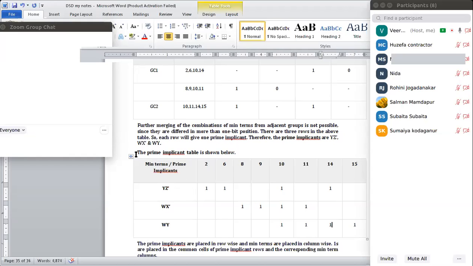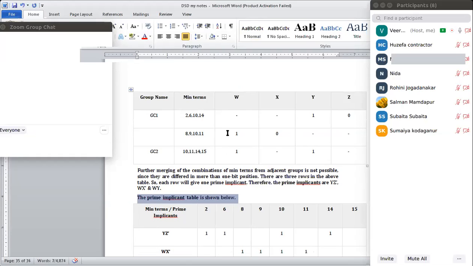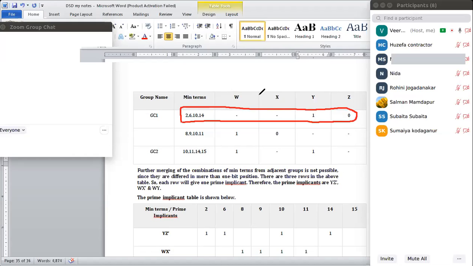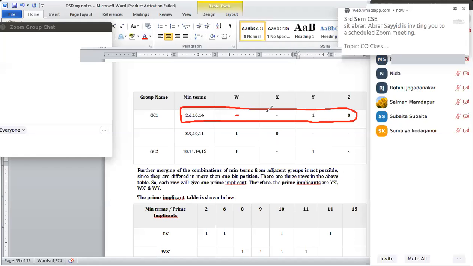So as I said, in the fourth step, what we are going to do, the minterms I have got. See, from the first row, what are the minterms that I'm going to get? 2, 6, 10, 14. Okay. W, there is no W. X, there is no X. Y, Y is 1. So I will write Y. Z is 0.